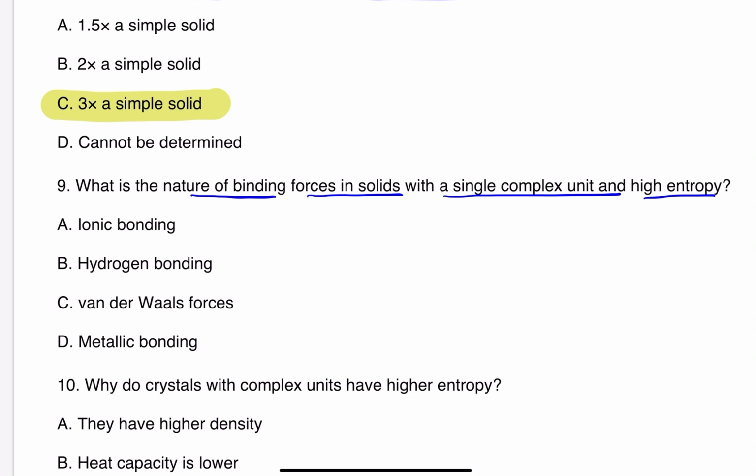So if it has high entropy, it will not be ionic bonding, it will simply be van der Waals forces, because that is the weakest force, right? It will have the lowest cohesive energy, and due to that it will have higher entropy.